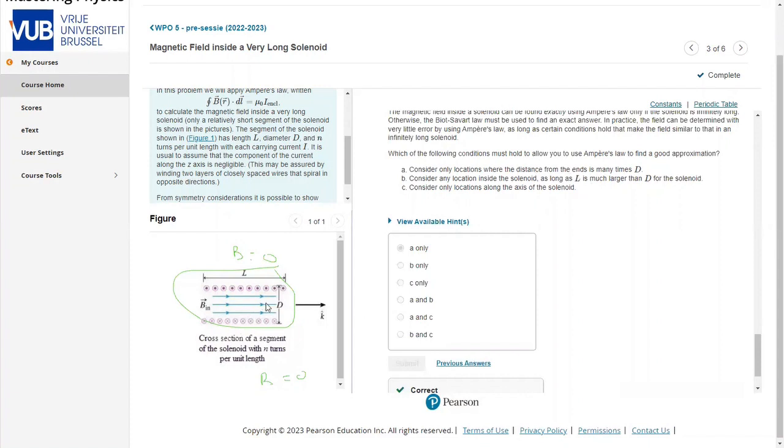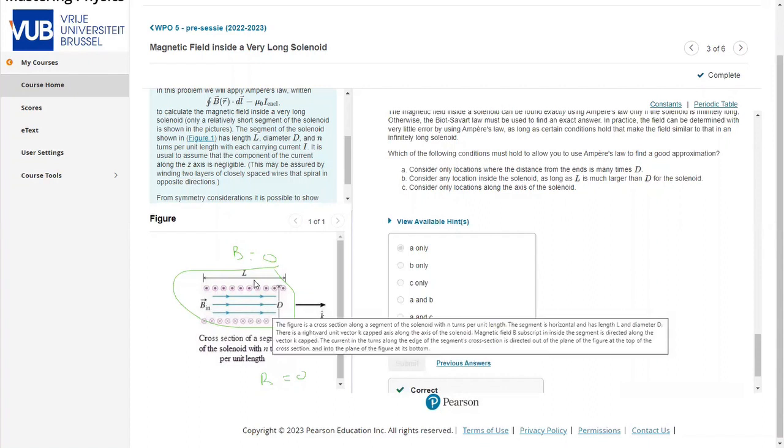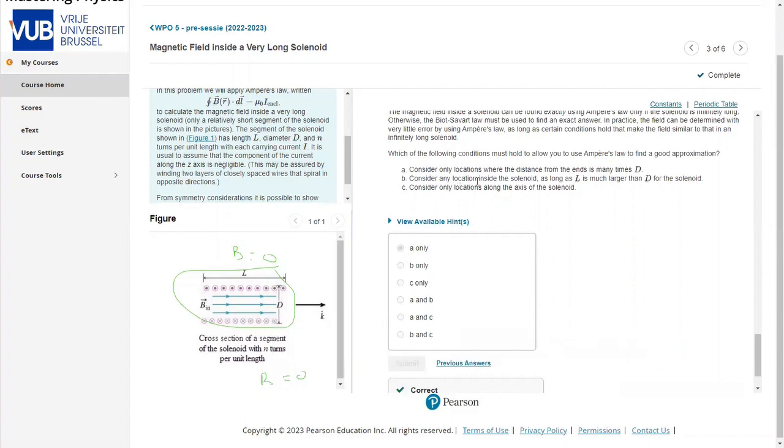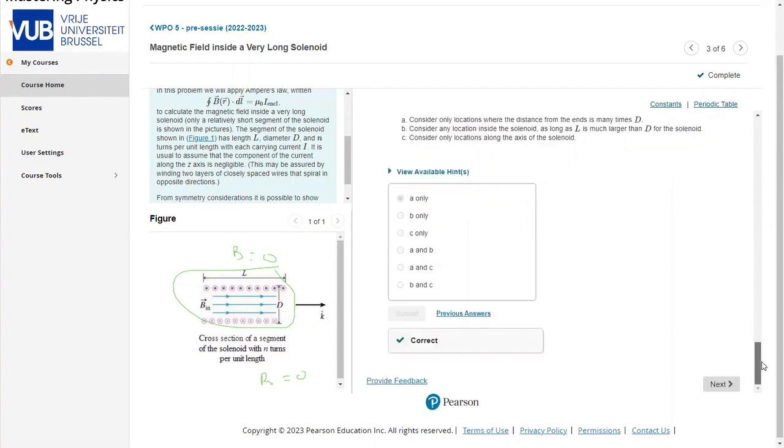So basically they will choose a location where you can find the magnetic field going like this. Consider any location inside the plane as long as L is much longer. It doesn't have to be A, doesn't have to be B. Consider only locations along the axis of the solenoid. Doesn't have to be C also. So A is very, very important.